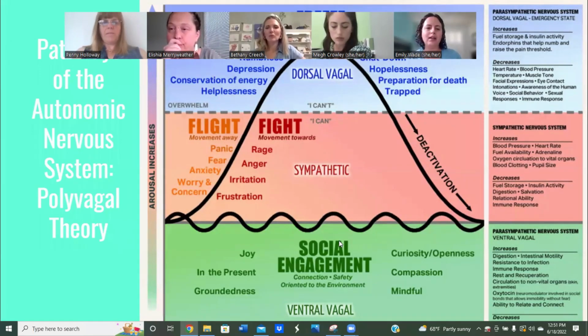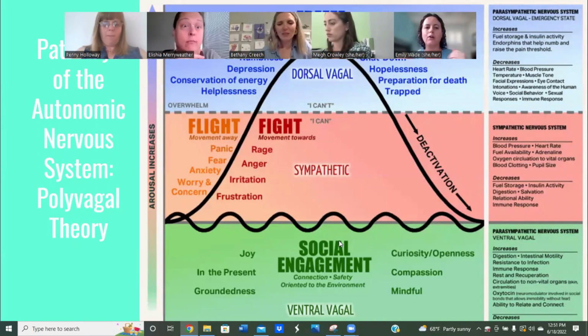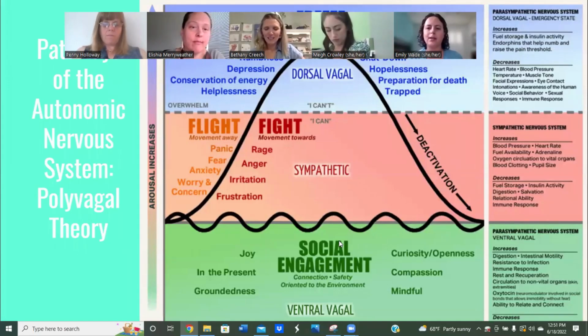As our body starts to get more arousal, from different stimuli occurring in our environment or things occurring internally, we might move into the sympathetic pathway, that middle one there. We usually put different colors to them to help with the visuals. Green being go, we're good to learn and connect.